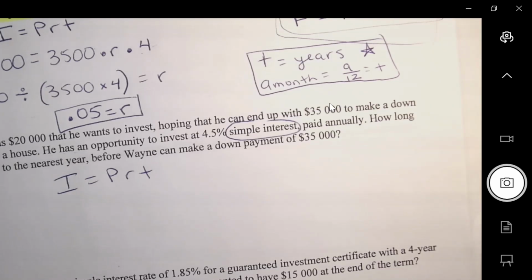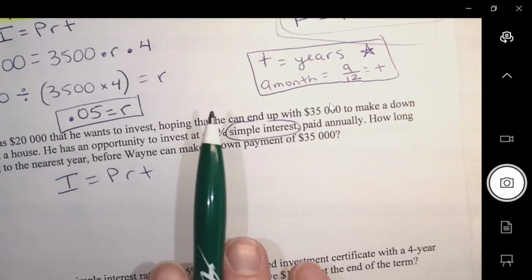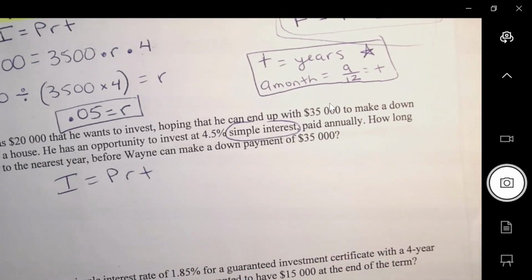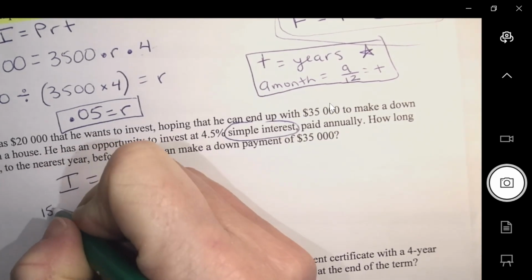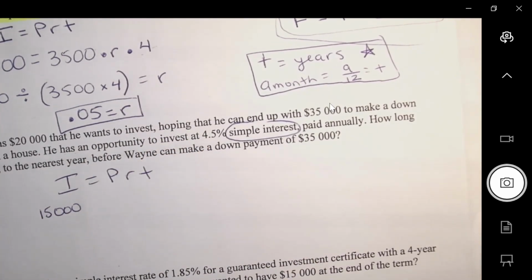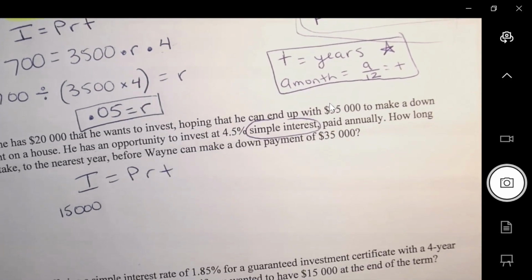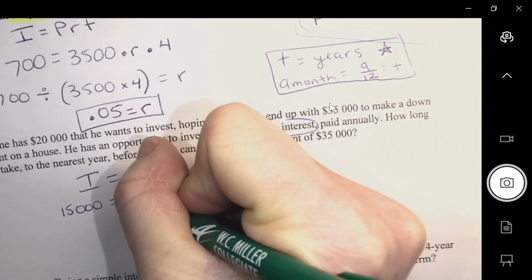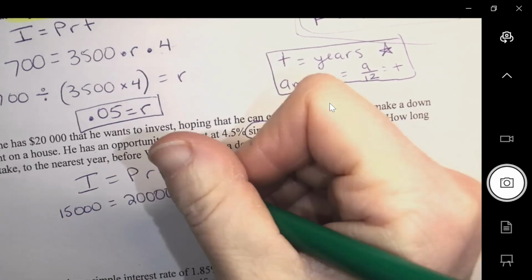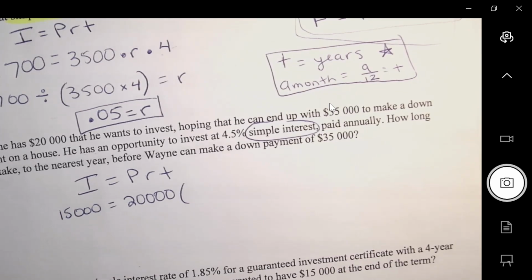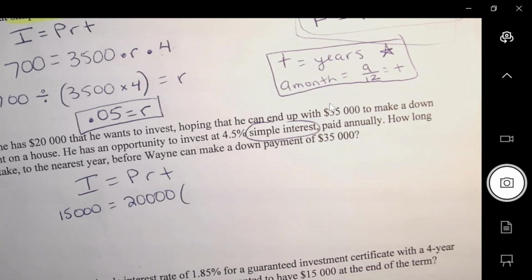Okay, so now interest. How much interest do I need? I want it to end up with 35,000 and I'm starting at 20 grand. 20 grand to 35 grand is 15,000 of interest, right? Because I had that on my cheat sheet, so I remembered to do that. $20,000 is the principal. Please be careful with your percent moving decimals.